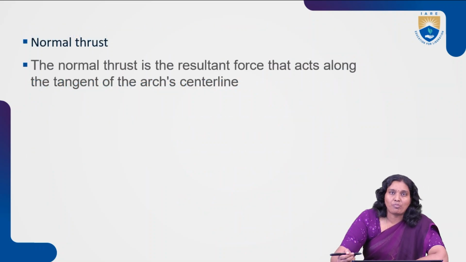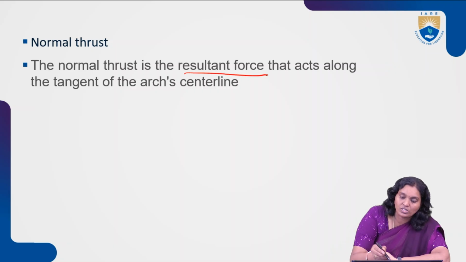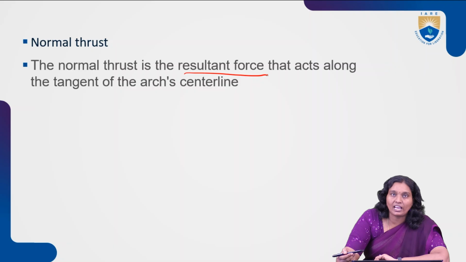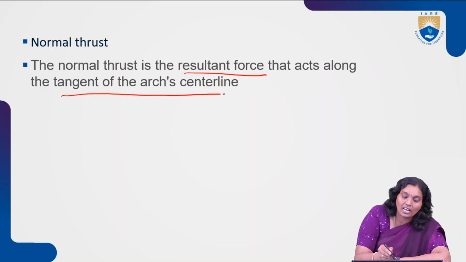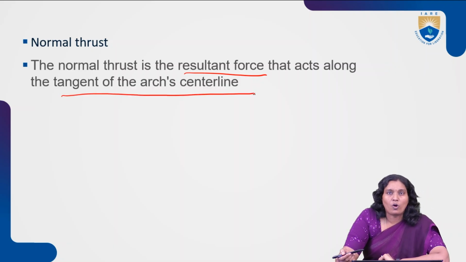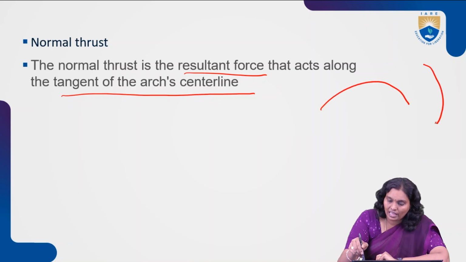In a single sentence, what we know about the normal thrust is that it is the resultant force that acts along the tangent of the arch's central line. Already we understood that the normal thrust applies wherever the parabola is, whatever its type.